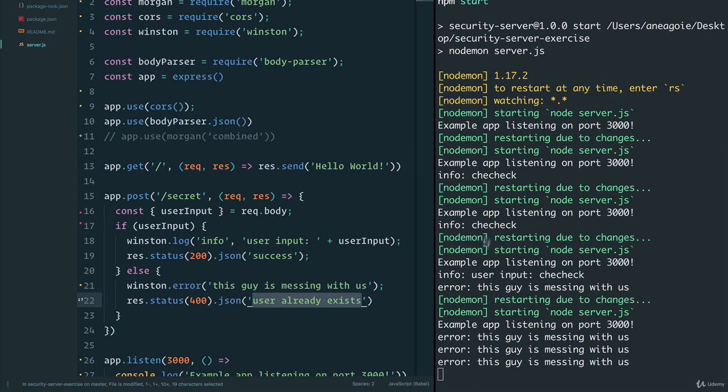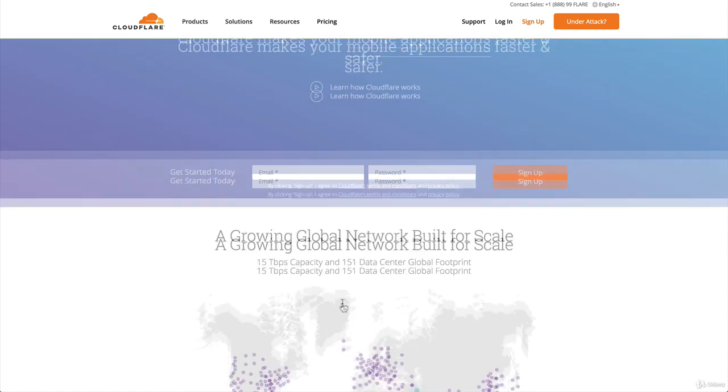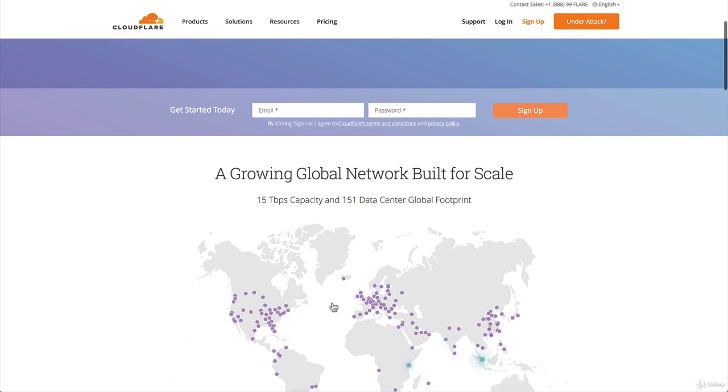This server won't be able to handle all this information at the same time, and it could crash. And that's what a DDoS attack is. And people use bot networks to do exactly this. They can have devastating consequences because they take down your website or your server. Luckily, Cloudflare, with all their global servers around the world, has this basic DDoS protection out of the box.